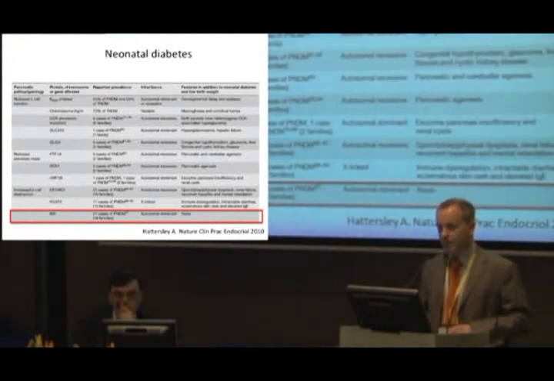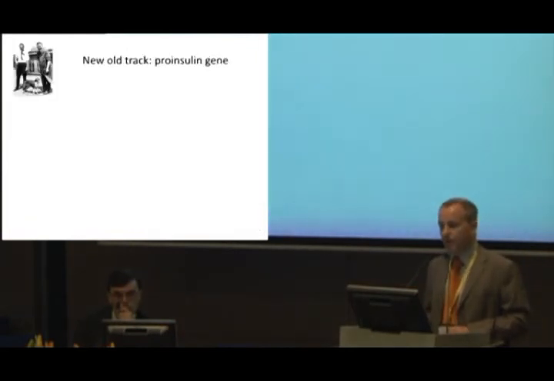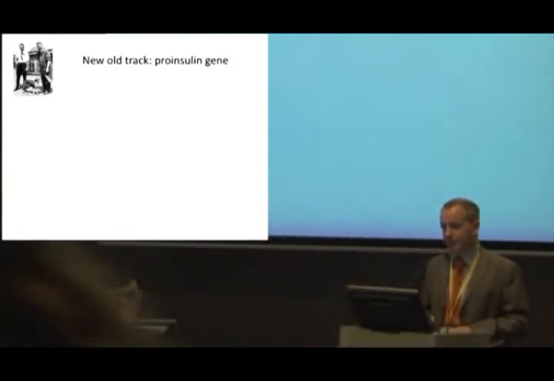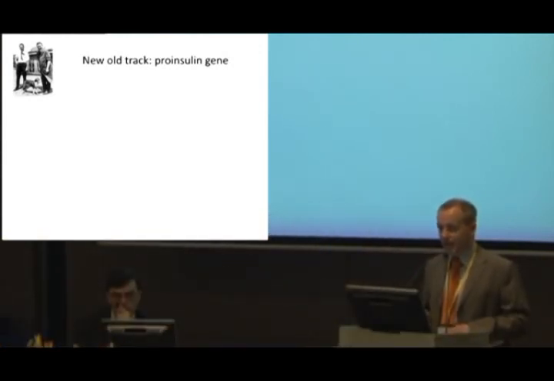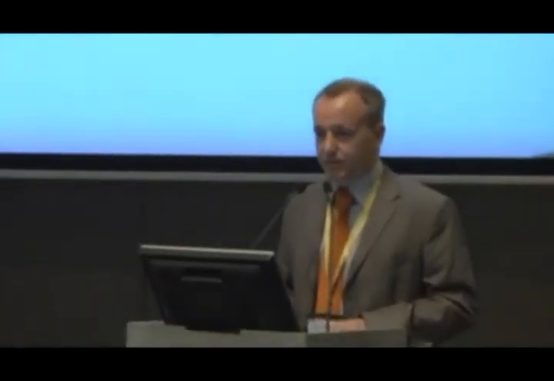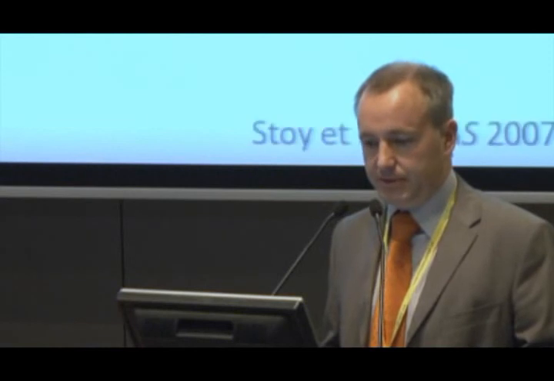Let me go to another example of neonatal diabetes, caused by proinsulin gene mutation. This mutation is a kind of new old track, because everybody started thinking about diabetes from 1921, from the discovery of insulin, but nobody focused on the proinsulin gene as a cause of diabetes.